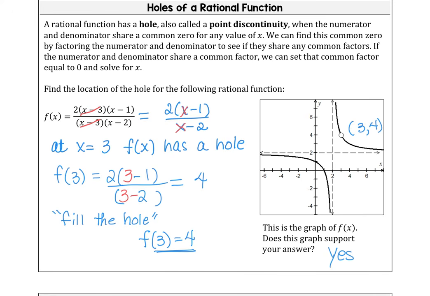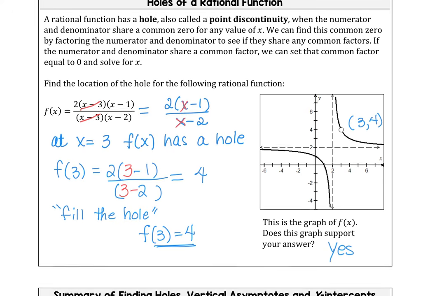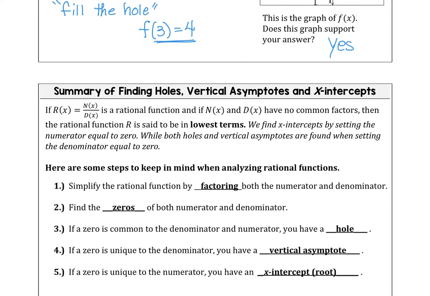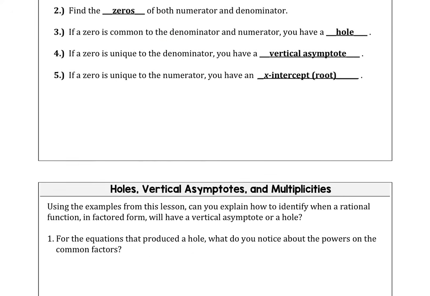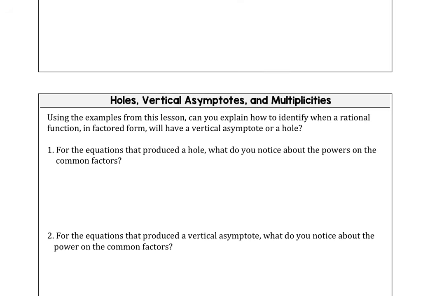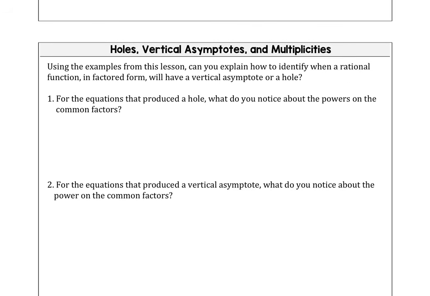And then the last few pages on your notes are just a summary of everything that we've learned with finding holes, vertical asymptotes, and x-intercepts. This is just a reference for you to come back to. And using those examples, we found for the equations that produced a hole, what did we notice about the powers?